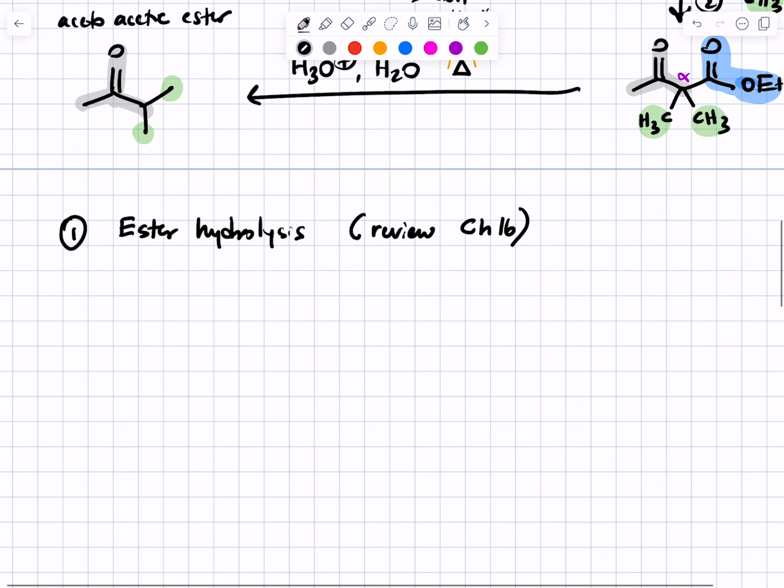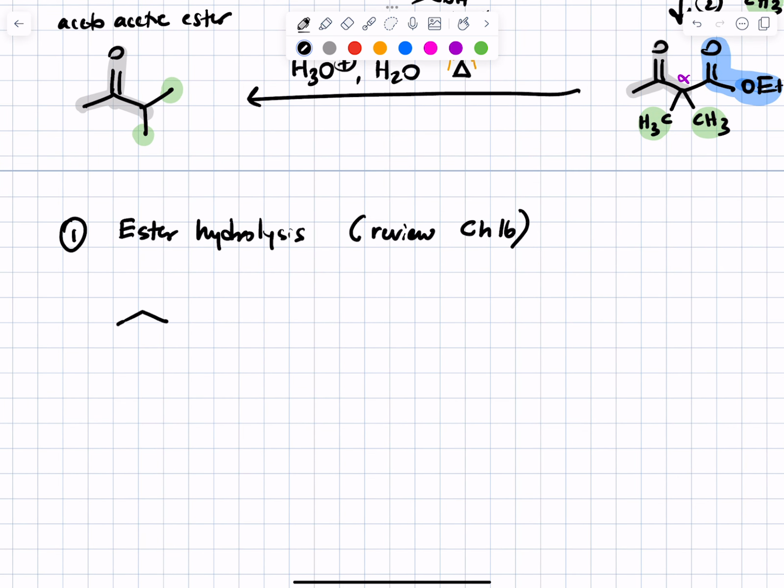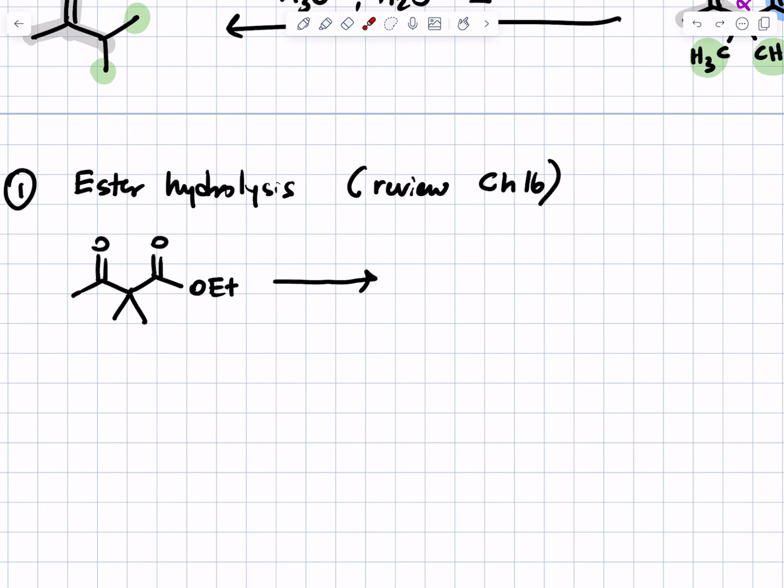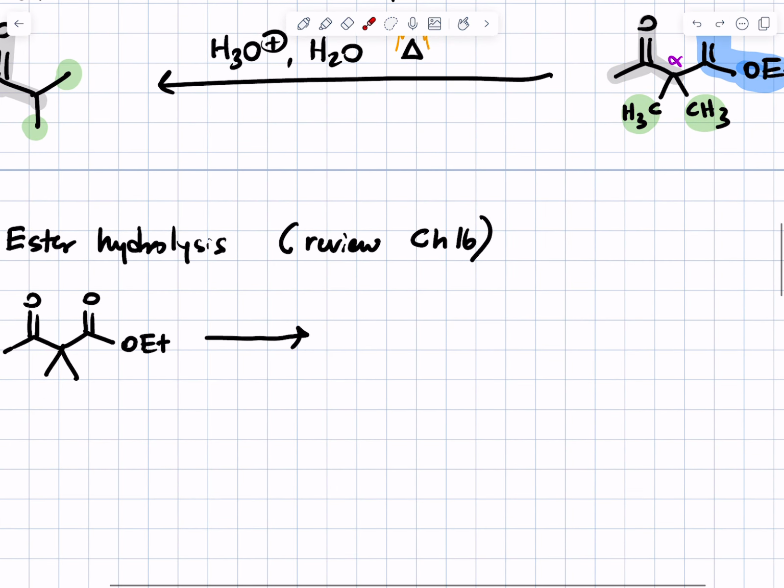If you need to review it, go ahead and take some time over the next couple of days to look at that mechanism and make sure you understand it. Basically, the acid would protonate the carbonyl of the ester, water would attack the oxonium ion, you would do proton transfer to change who's the good leaving group, and eventually ethanol would leave.